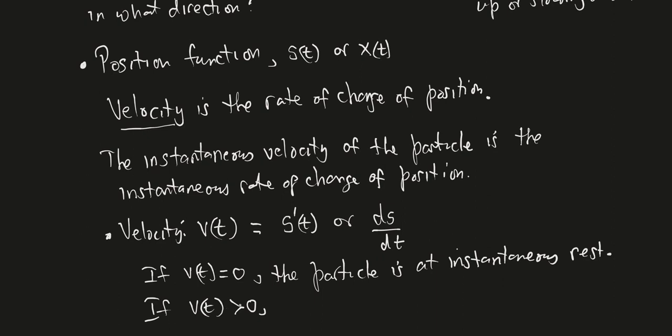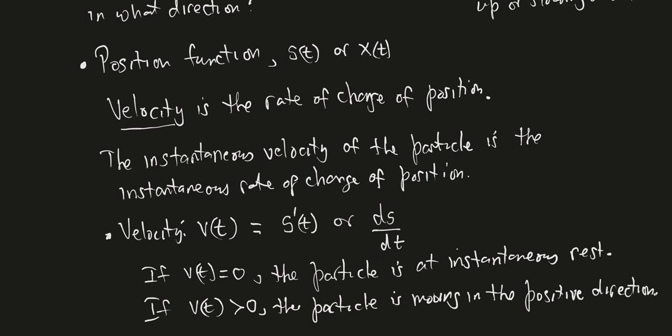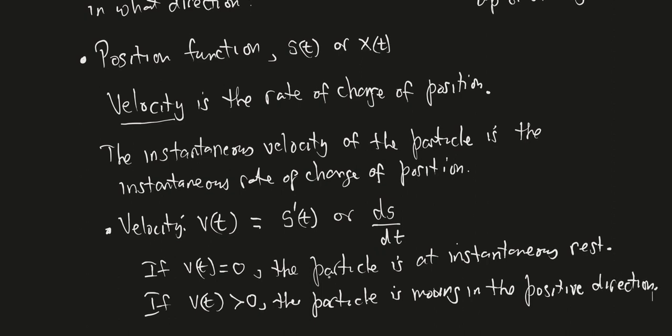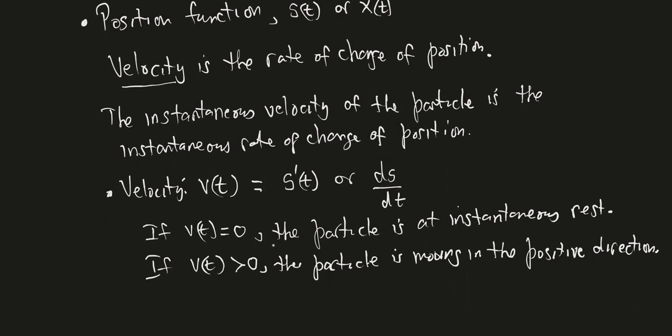So if your velocity is positive, the particle is moving in the positive direction. So it means it's either traveling to the right if it's horizontal motion, or traveling upwards if it's vertical motion. So in the positive direction. Well, that means there's only one possibility left.